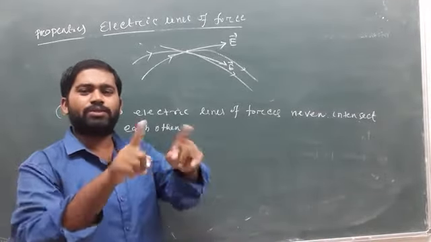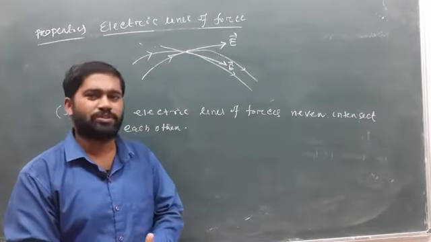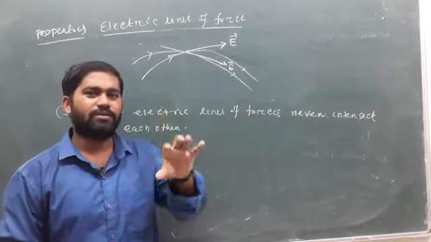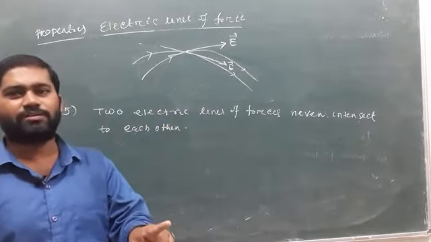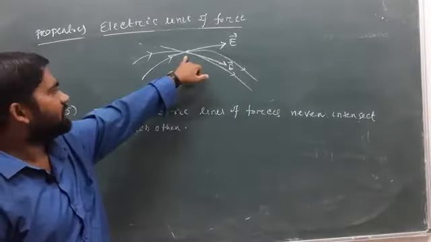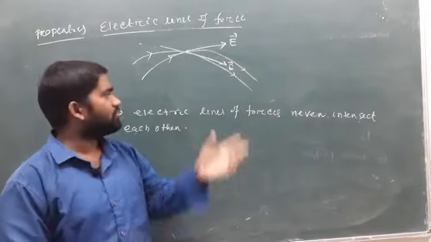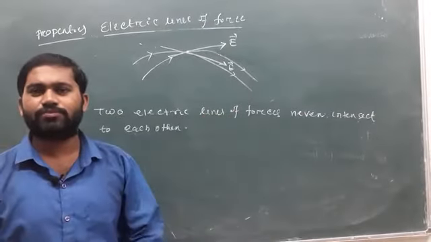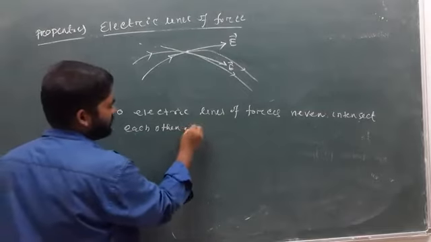That means there will be two directions of electric field intensity, which is not possible. On the curve at a single point there is only one direction of electric field intensity, but here there would be two. So that's why two electric lines of force never intersect each other.